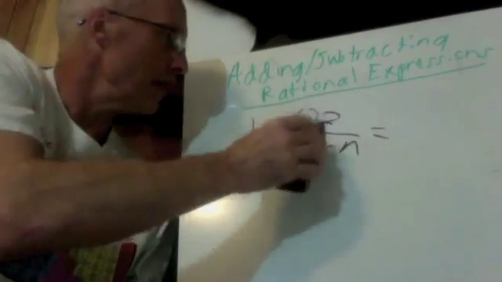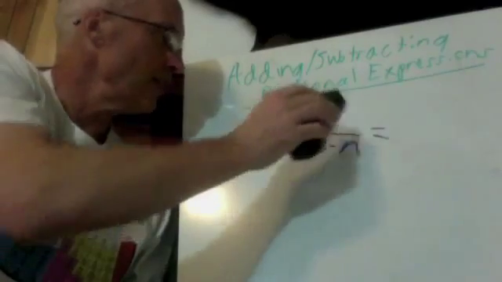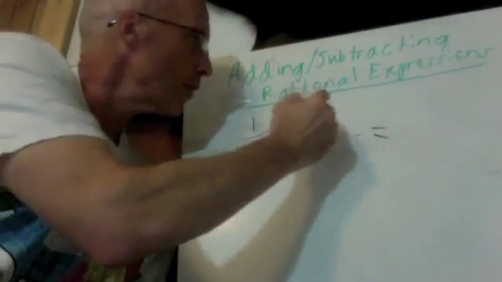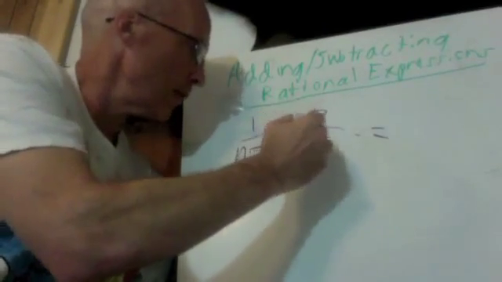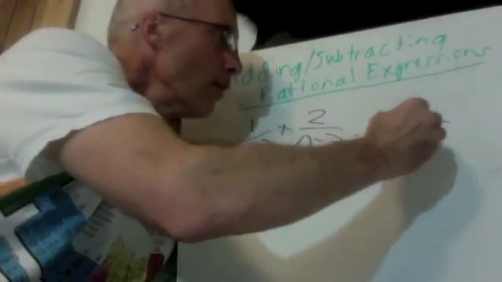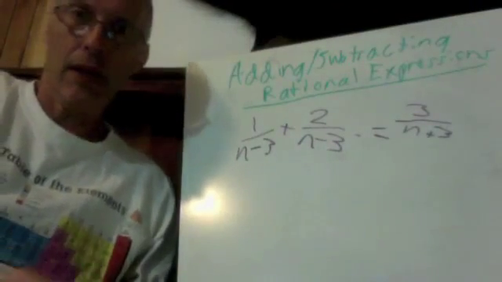Sorry if my handwriting is messy here. I'm going to have plus 2 over n minus 3. And now I have common denominators, and I can add these, and you'll get 3 over n plus 3. Does that make sense?